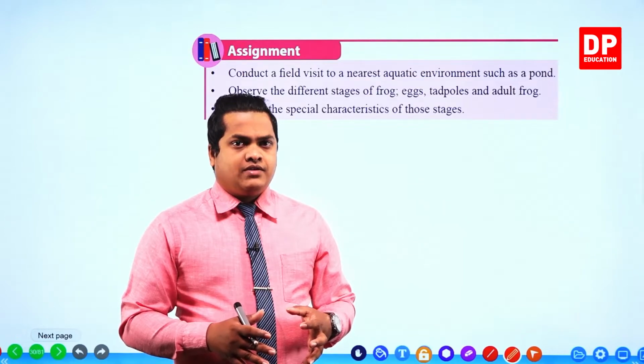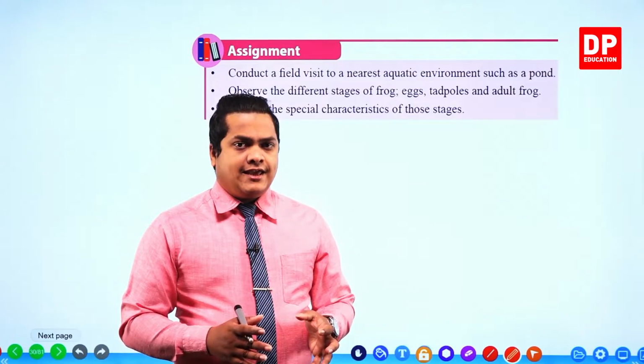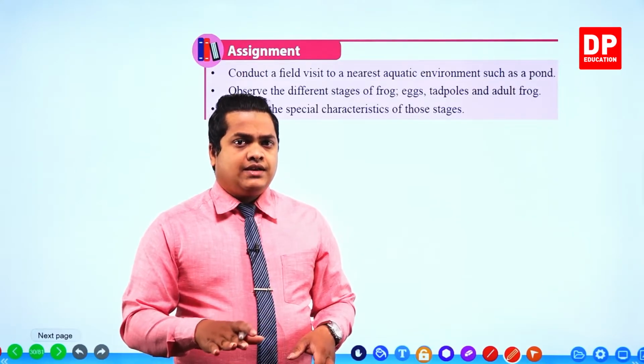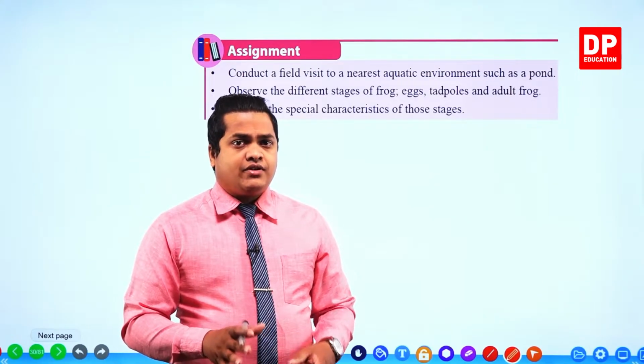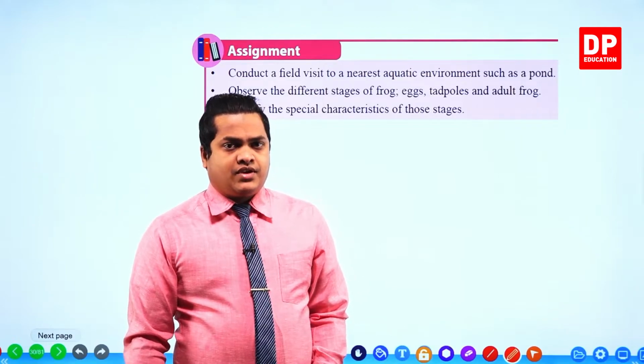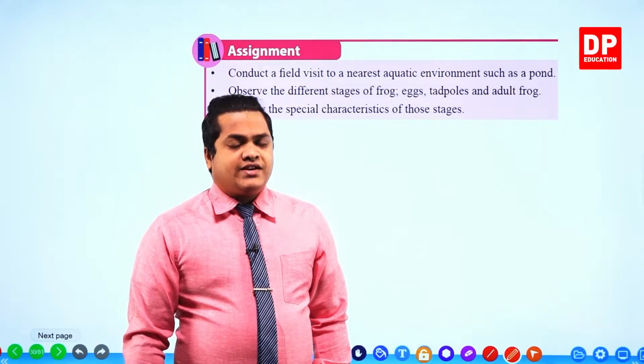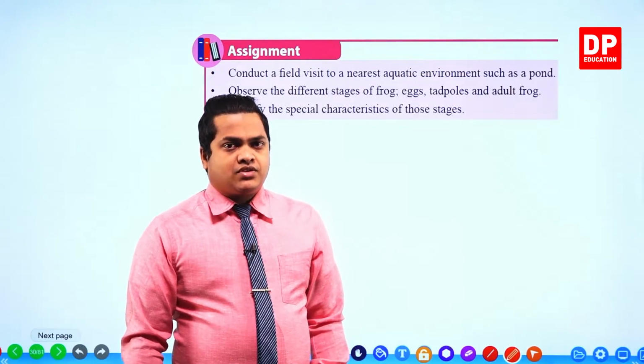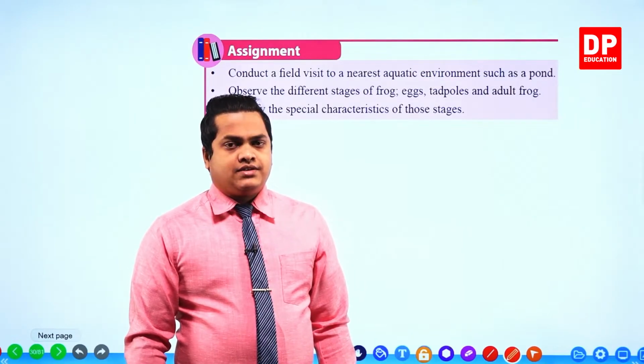Most of the time they lay eggs not in a stream of water, but when the water is somewhat still, they are going to lay eggs. So if you can create a pond, frogs will come and lay their eggs.